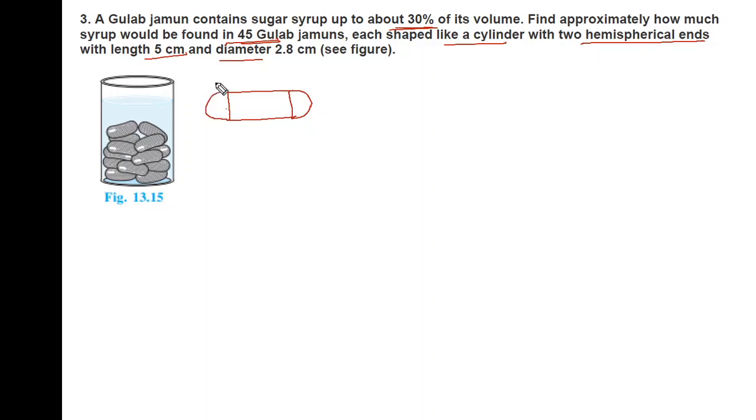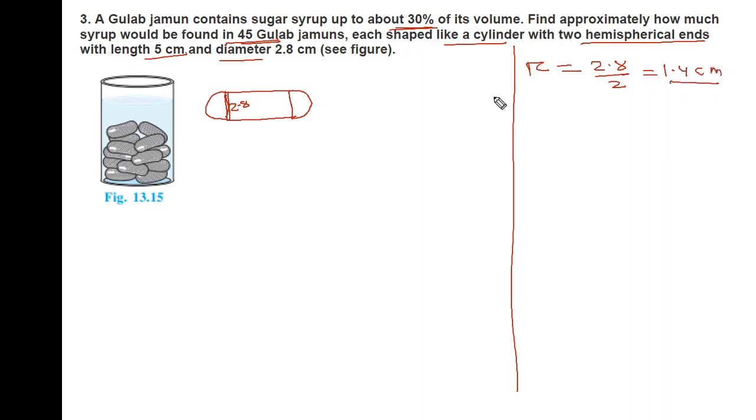So the dimension given here, diameter is 2.8, so this length is the diameter, 2.8. So here r will be equal to 2.8 divided by 2, which will be equal to 1.4 cm. Okay, so this is the radius for us.